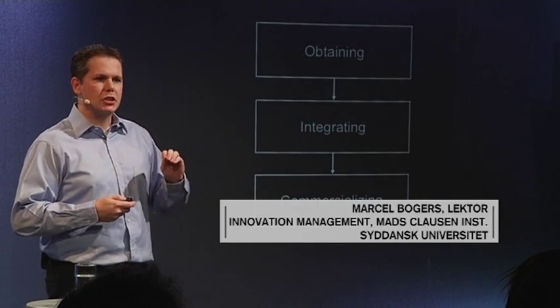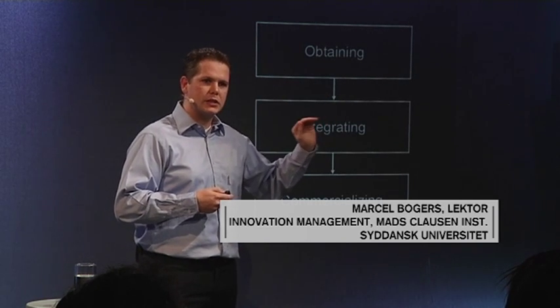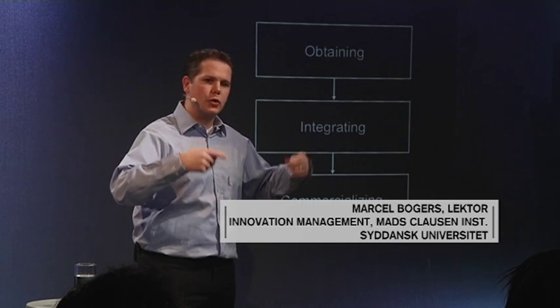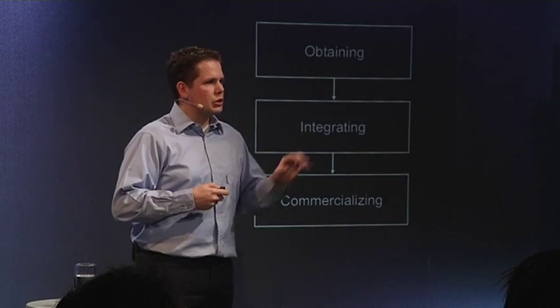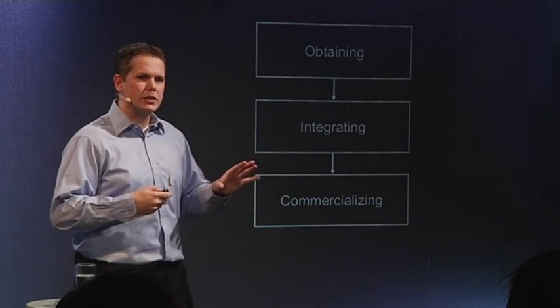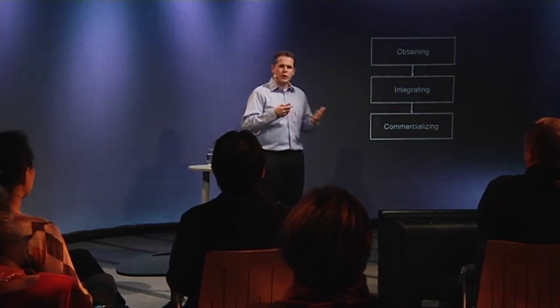So looking at this more generally, we can actually identify various phases in this process of trying to profit from external sources of innovative knowledge. So I tried to indicate several ways in which firms may actually search for, acquire, and filter different types of external knowledge from various sources.